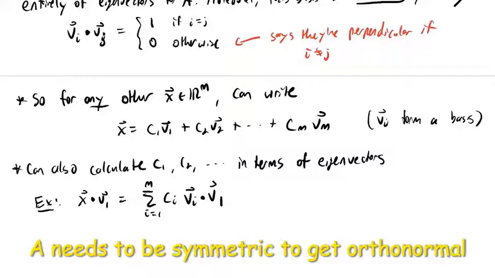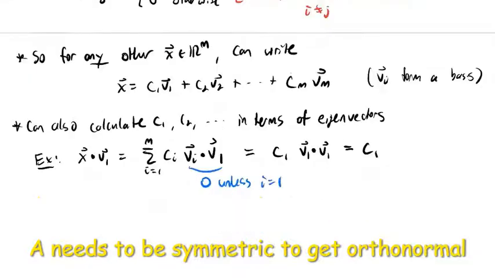But recall from above that this dot product is 0 unless i is equal to 1, because of the orthogonality or perpendicular property up here. And so this whole thing just simplifies to c1 v1 dot v1. But the dot product of v1 with itself is just 1, so this simplifies to c1. In particular, the coefficient c1 is just given by taking the dot product of your vector with v1.